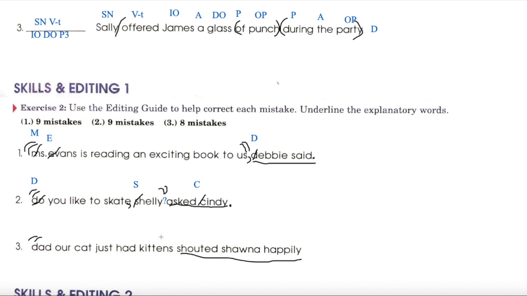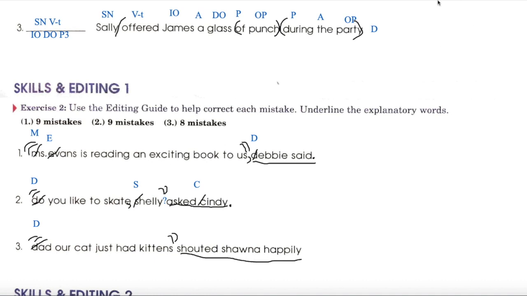Dad, our cats just had kittens. Let's put a capital letter to begin our quotation. Let's put a comma after the word dad because we're directly addressing dad.